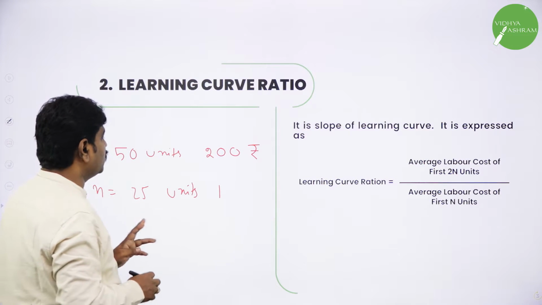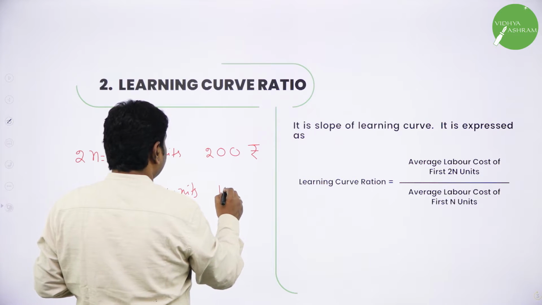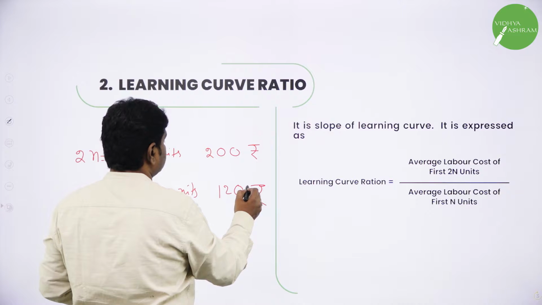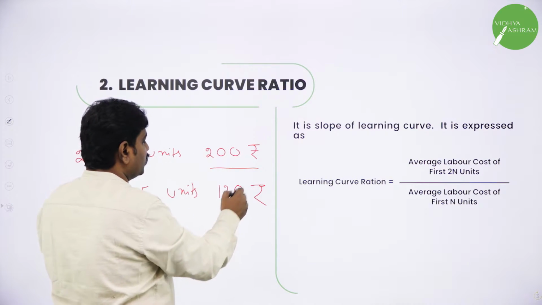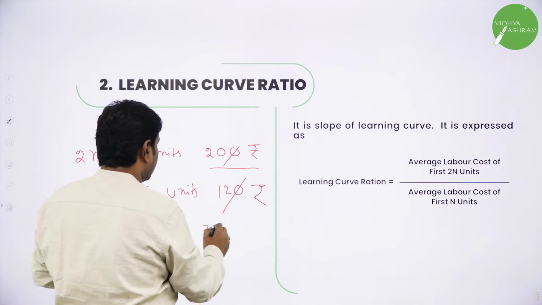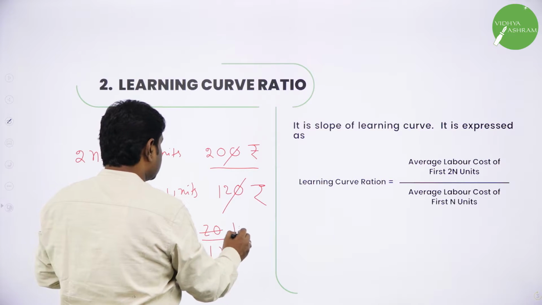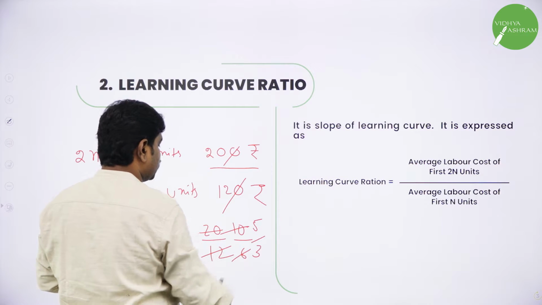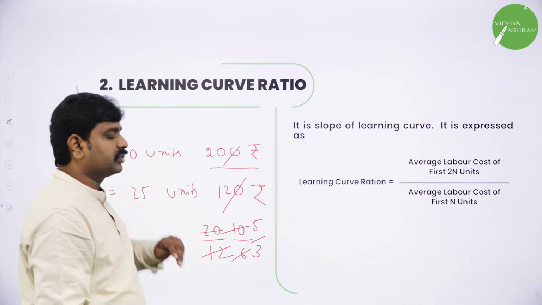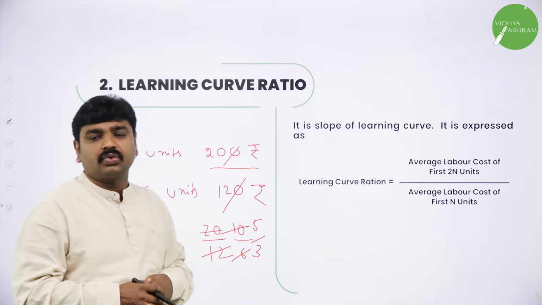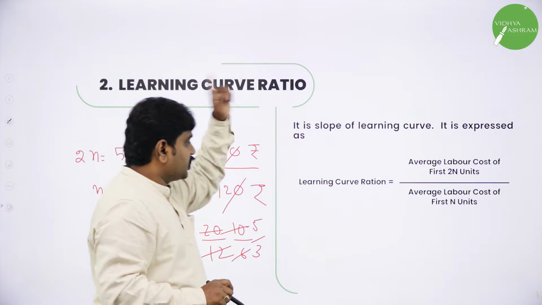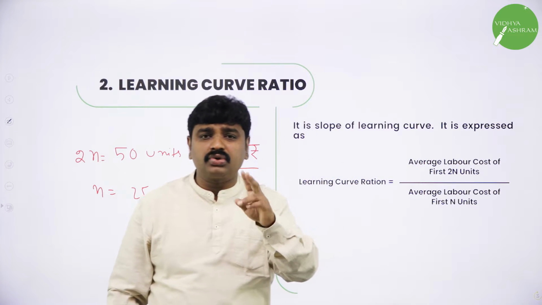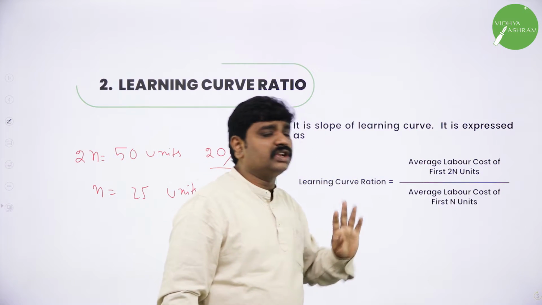For the first 25 units, I am taking, say, 120 rupees. Now you take the ratio of this cost. This is 2n units, this is n units. When you take the ratio, 200 by 120, we get 20 by 12, further simplified, 2 fives are 10, 2 sixes are 12, or 5 by 3, or 4 fives are 20, 4 threes are 12. This 5:3 is the learning ratio. What is learning curve ratio? It is the ratio of the average labor cost of 2n units produced to the average labor cost of n units produced.